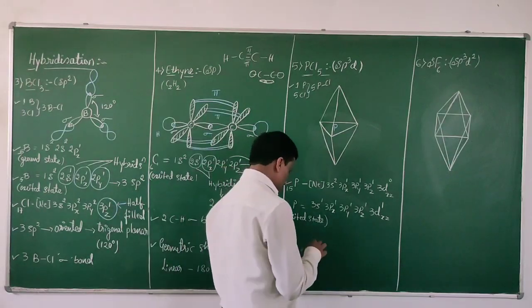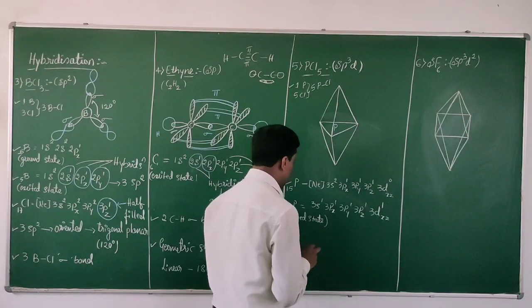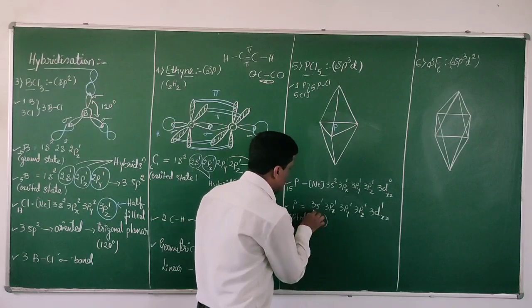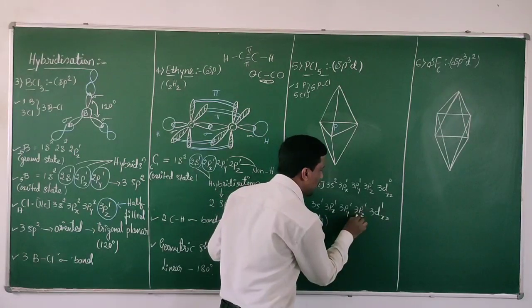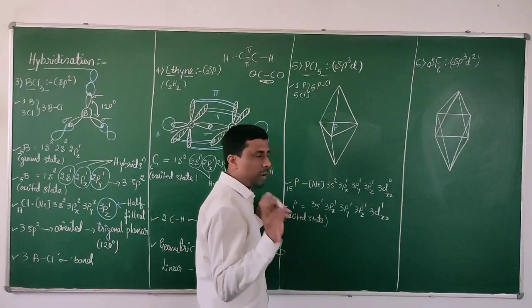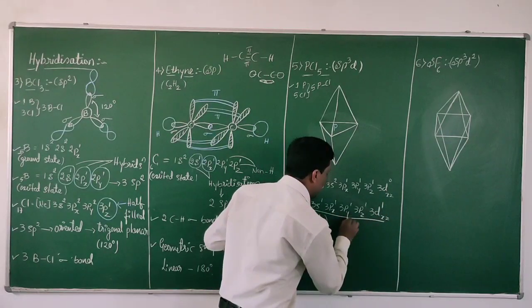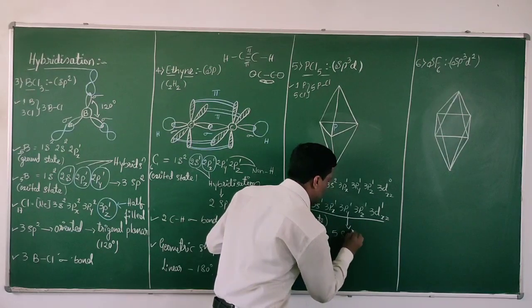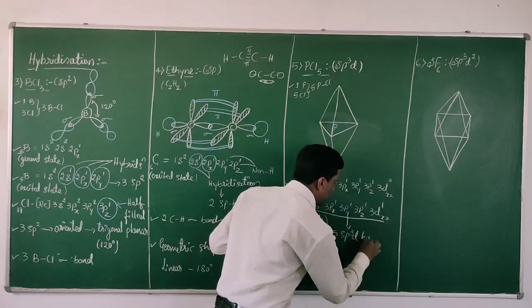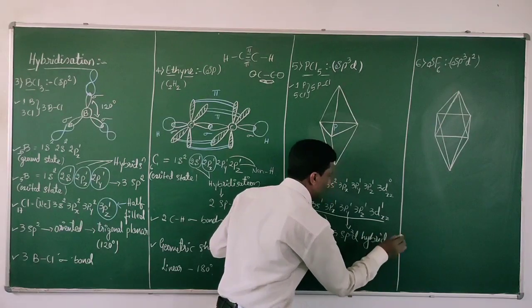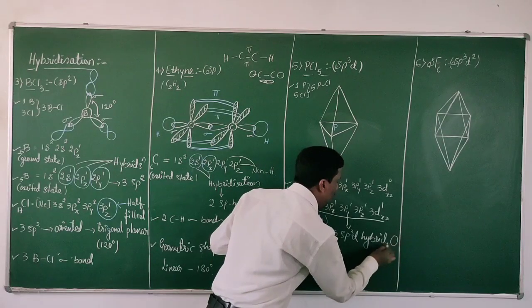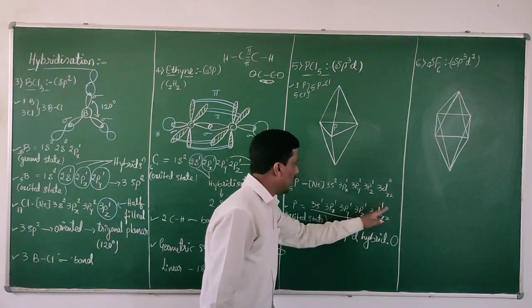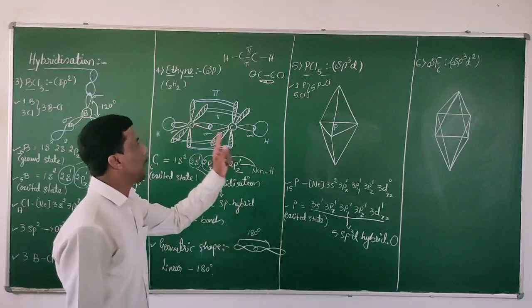Okay, now look here. What will happen now? The 3s, 3px, 3py, 3pz and 3dxz, totally 5 orbitals, undergo hybridization to form 5 sp3d hybrid orbitals. 5 sp3d hybrid orbitals are formed by one 3s, three 3p and one 3d orbital of the phosphorus.